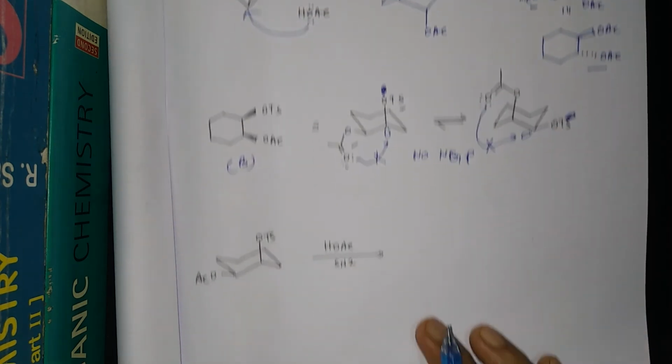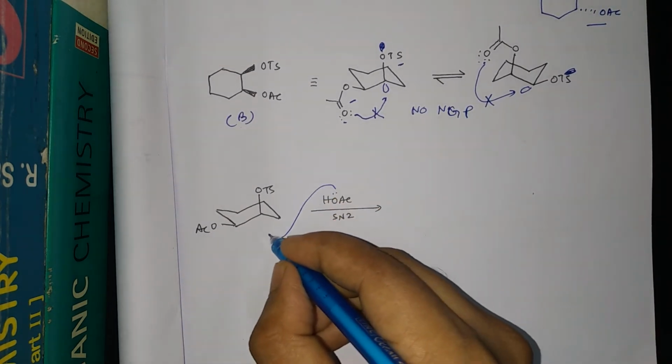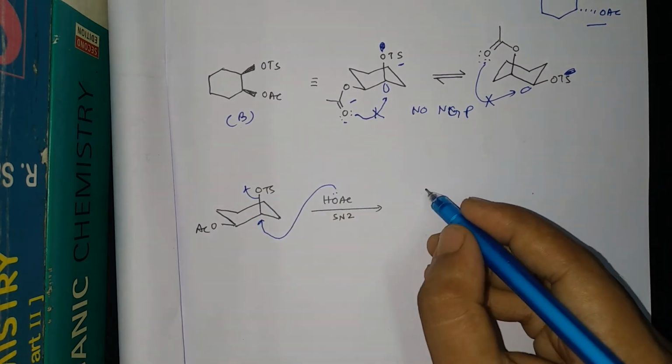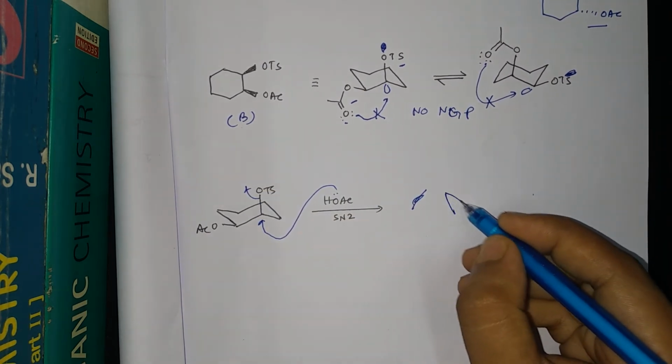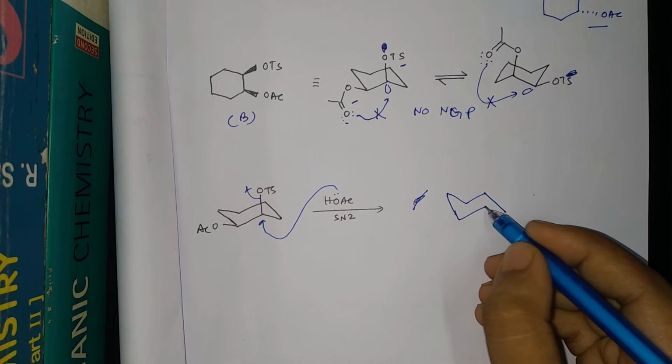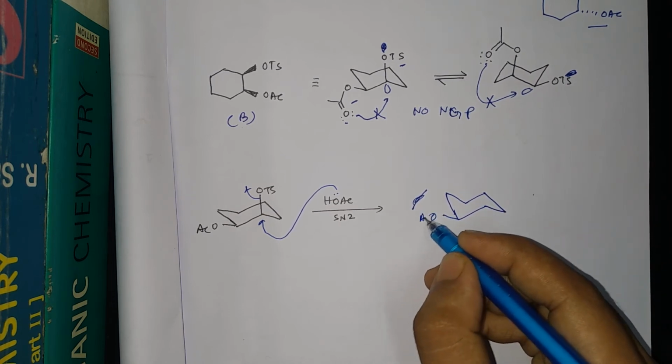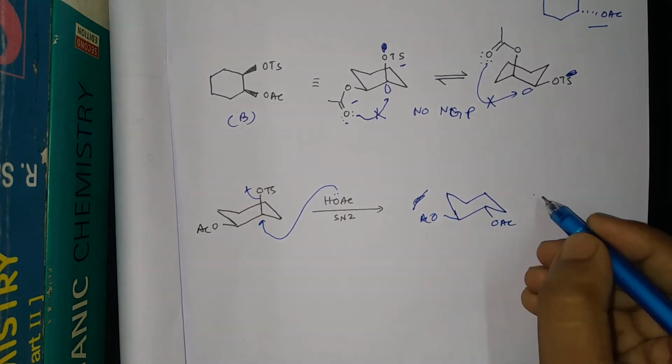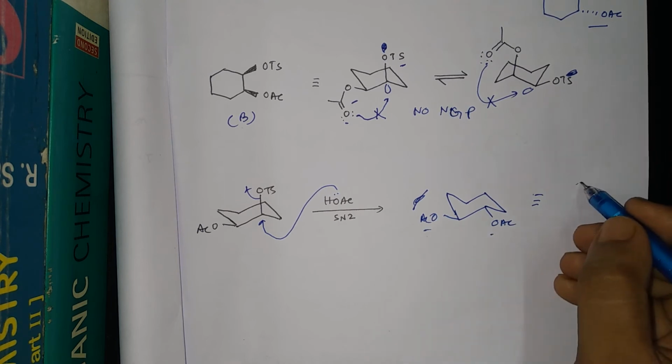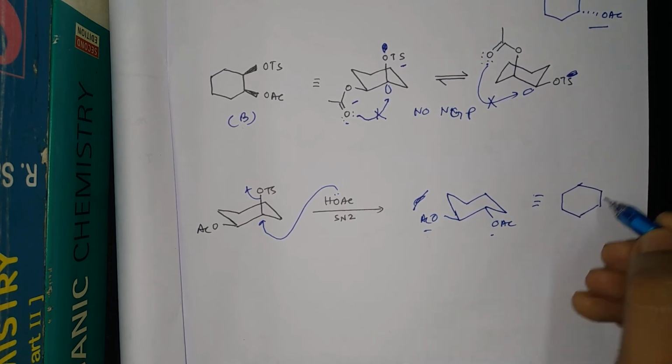So in this case a normal SN2 type of reaction will happen, and the OTs will be removed. This will form, with OAc and OAc, one above and one below, so here also the trans product will form.